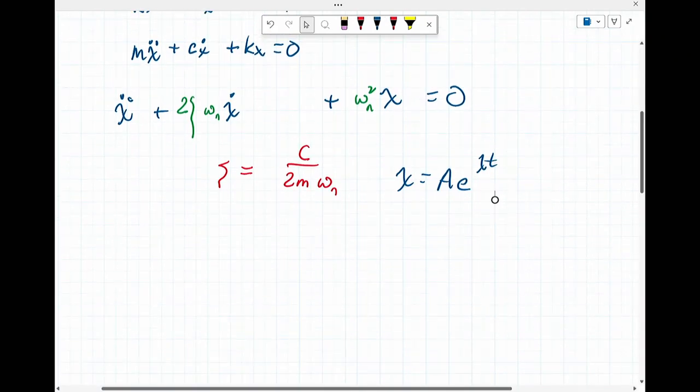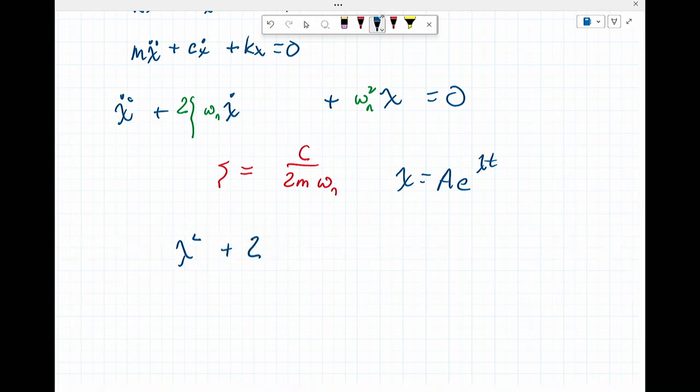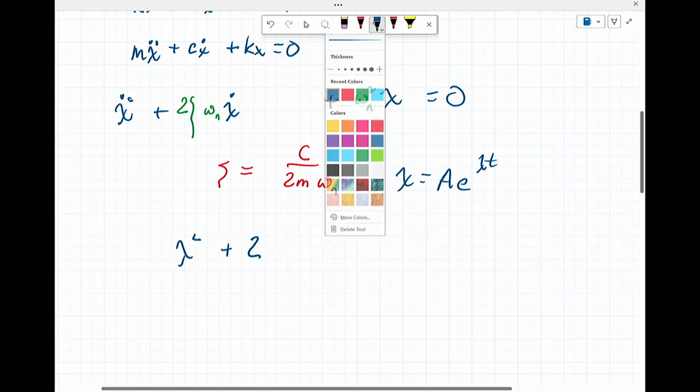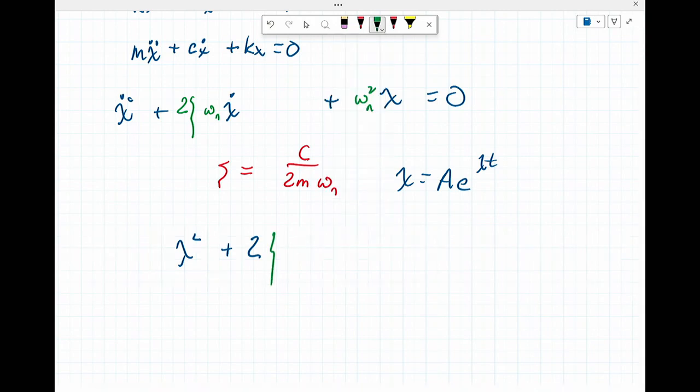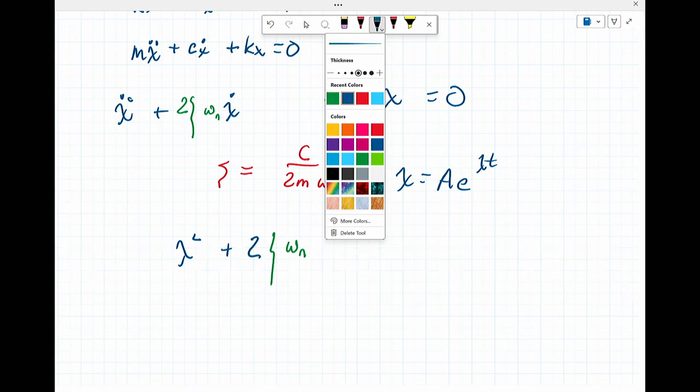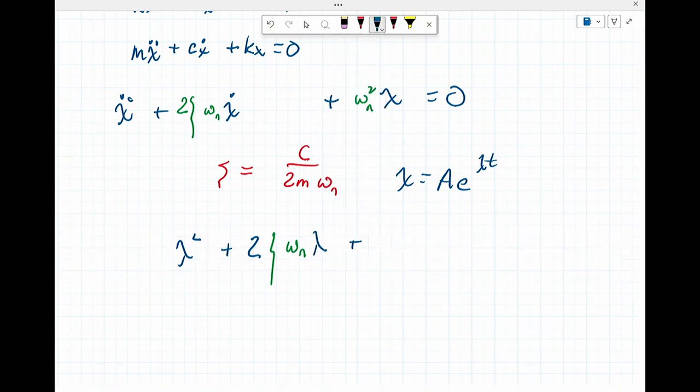So if I have this, I can write this as lambda squared plus 2 zeta omega n lambda plus omega n squared is equal to 0.